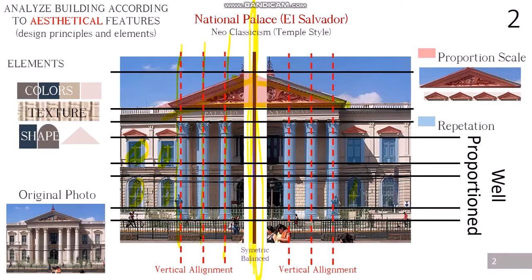The big pediments can be seen over the windows with small ones like this, and in the elements table, the texture and the color schema, also different shapes can be seen.